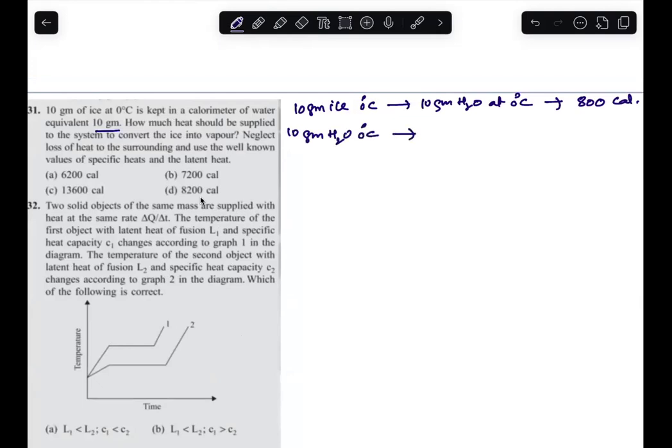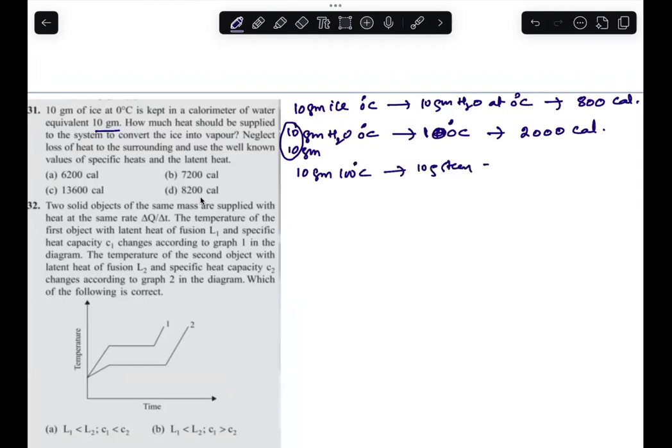Good. Now 10 gram water at 0 degrees centigrade to... Now don't forget, you have a calorimeter whose water equivalent is also 10 grams. And now onwards you count 20 grams from 0 degrees centigrade to 100 degrees centigrade. So this requires 2000 calorie. Done. And thereafter, water gets vaporized, which means 10 grams of 100 degrees centigrade water to 10 grams steam.